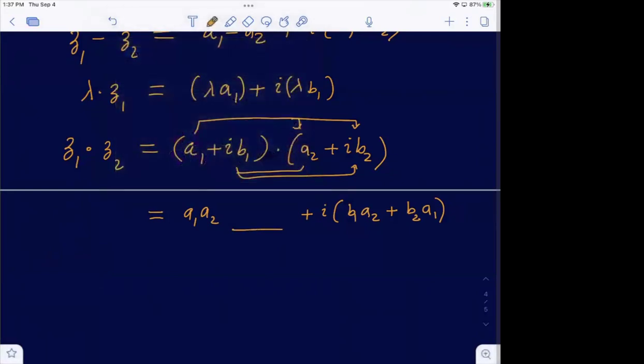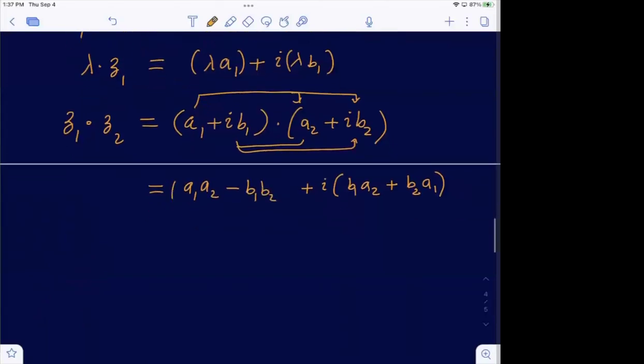So you will get i squared, which is i times i with a plus sign, but when you convert i squared to -1, it turns out to be this. So now this is in fact a definition, and this definition is highly important.